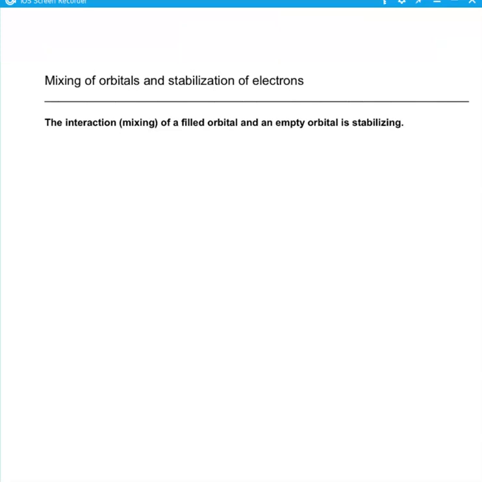What that means is that it brings down the energy of a pair of electrons. So it brings down the energy of electrons, and thus it brings down the energy of the structure they're in.